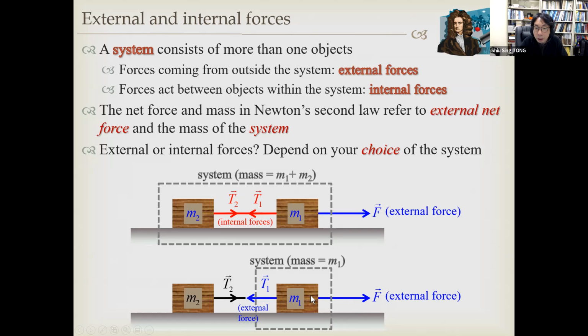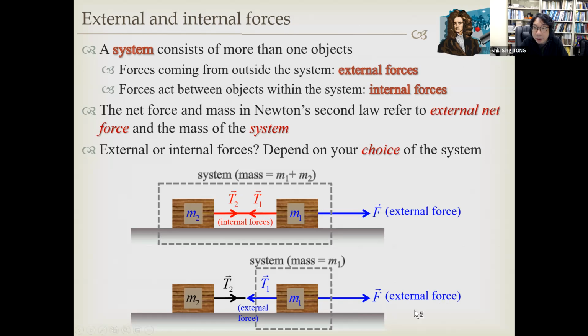Why? Because we only include the mass M1, and the tension force is due to M2, which is outside the system. So it is an external force that is pulling M1 backwards, right? So in this case, both F and T1 are external forces.